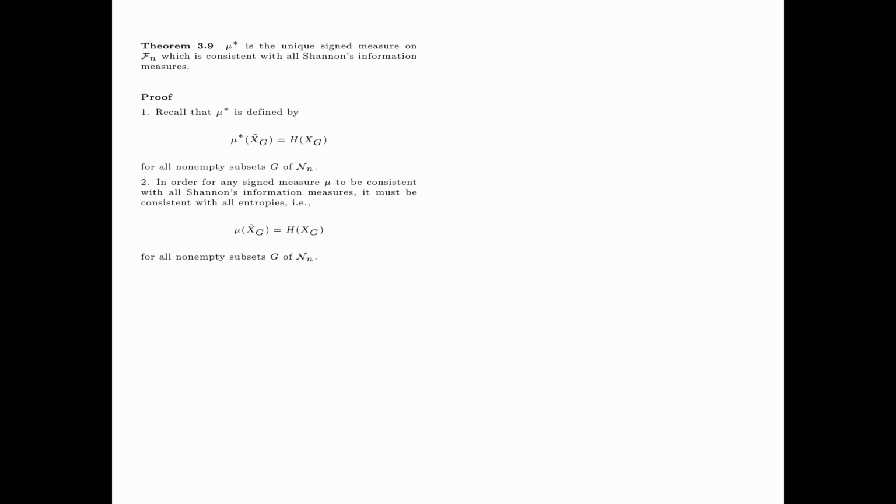That is, μ(X̃_G) is equal to the entropy of X_G for all non-empty subsets G of the index set N. In other words, μ must be equal to μ*, and therefore, μ* is the unique signed measure that is consistent with all Shannon's information measures.